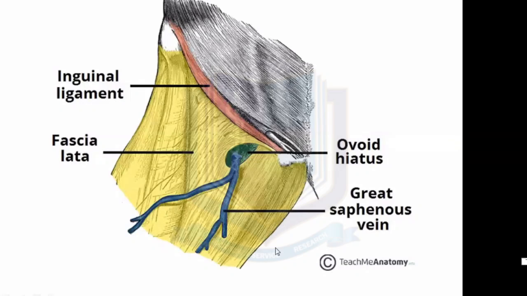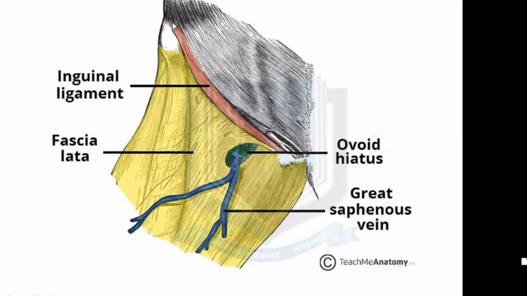This is the oval opening we call the saphenous opening, that is 2 inches below and lateral to the pubic symphysis. This thick fascia that is shown in yellow is the fascia lata. That is a modification of the deep fascia of the thigh, starting above from the inguinal ligament and pubic tubercle.